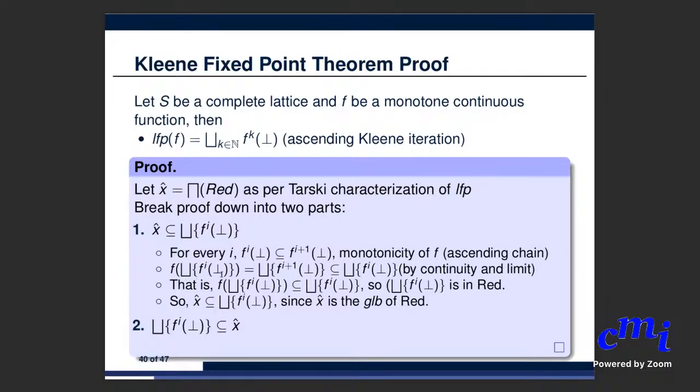Now let's suppose you apply f to the least upper bound of this chain, f^i of bottom. That is equal to this by continuity. Continuity says that f is limit preserving. Therefore, f applied to that can be computed as the least upper bound of the f chain.